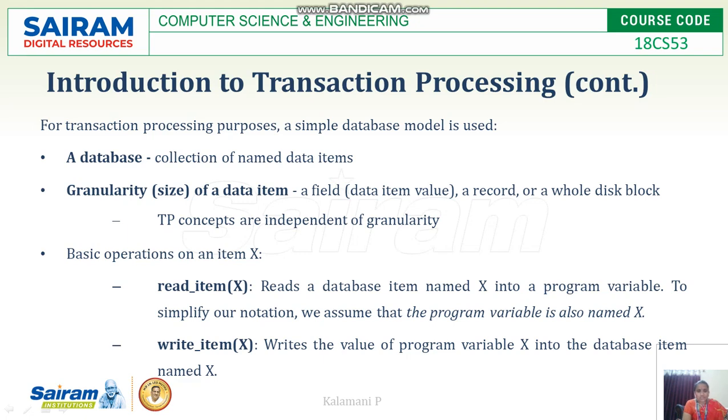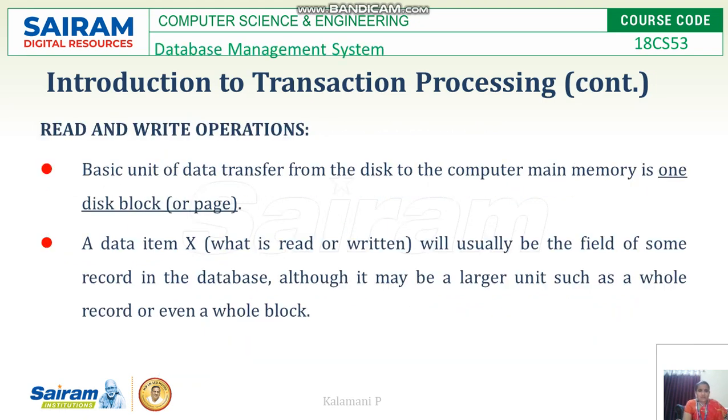The basic operations we have already seen. Read item X reads the database item named X into a program variable. Write item X writes the value of program variable X into the database item named X.